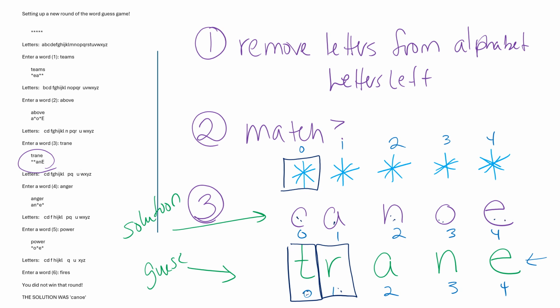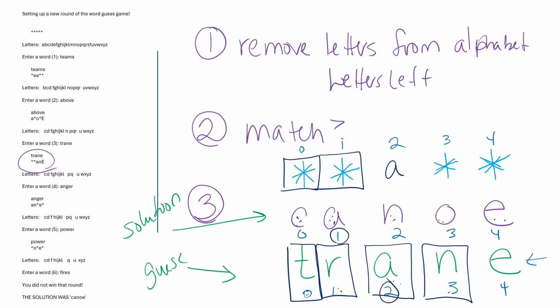It's not a match. It stays an asterisk. You go here to this one. 1, 2, 1, 1. But 2 and 1 are not equal, so you do change it, but you change it to lowercase.